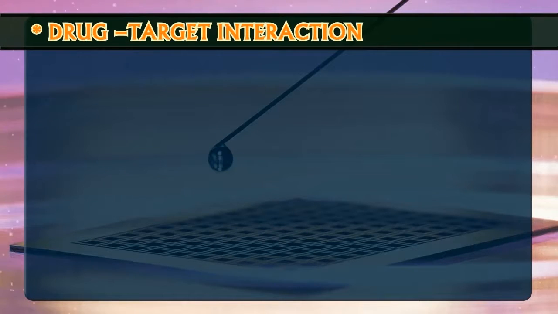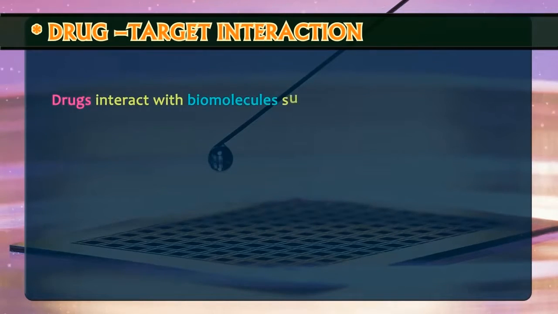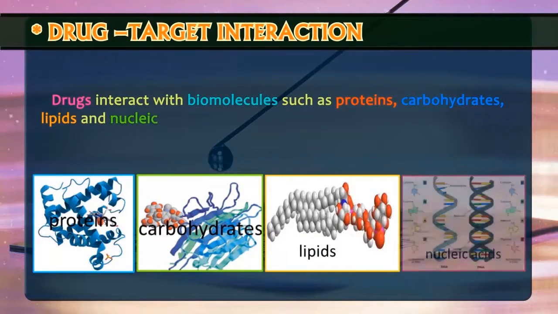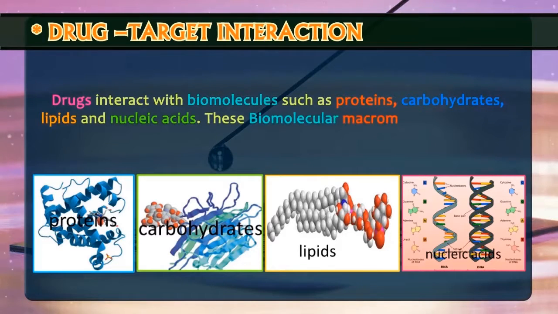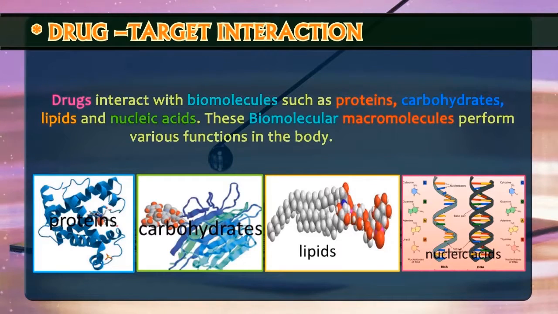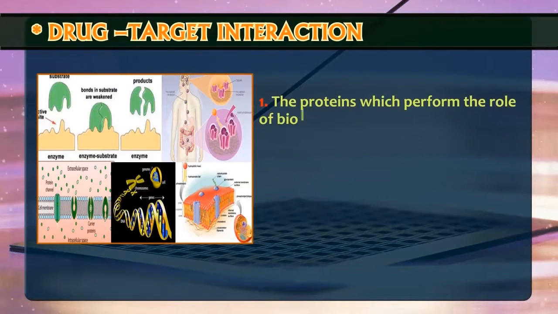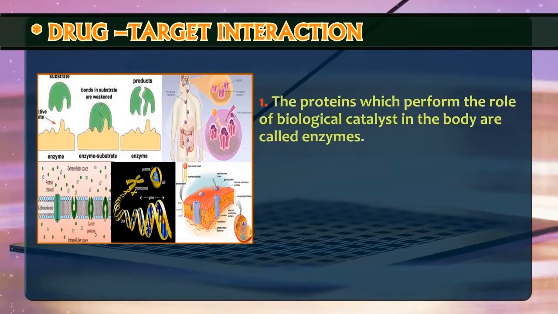Drug-target interaction. Drugs interact with biomolecules such as proteins, carbohydrates, lipids, and nucleic acids. These biomolecular macromolecules perform various functions in the body. For example, 1. The proteins which perform the role of biological catalyst in the body are called enzymes. 2.